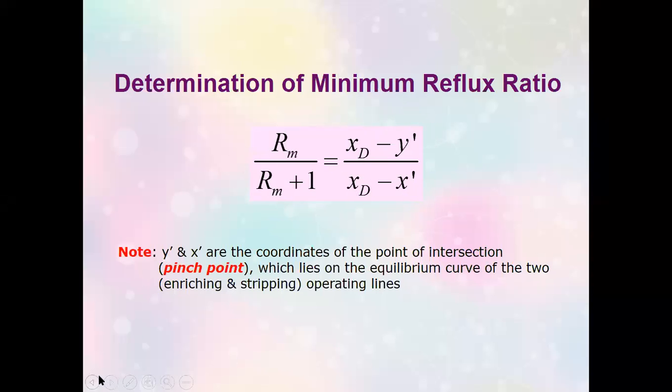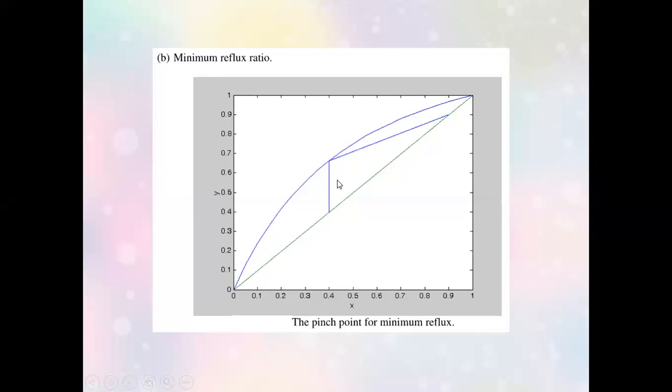Now, what if your Q is not for a saturated liquid? In this case, it's very easy because your Q is equal to 1. It's vertical because your feed is saturated liquid. What if it's a subcooled liquid or a mixture of liquid and vapor? How will you determine this pinch point?